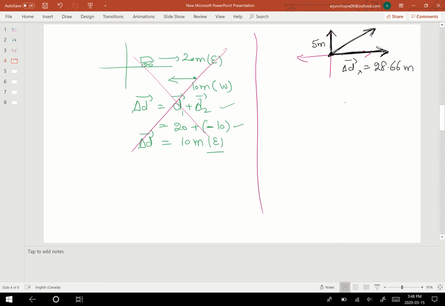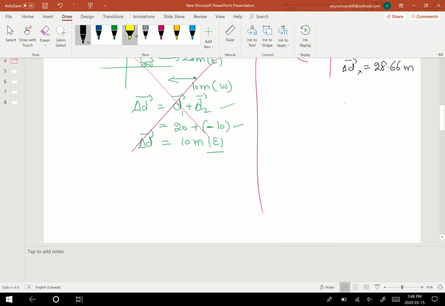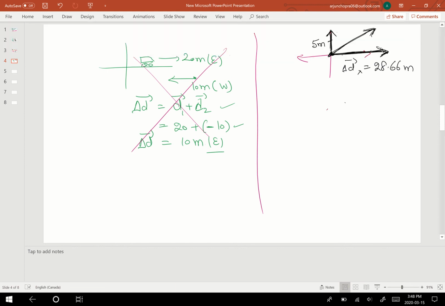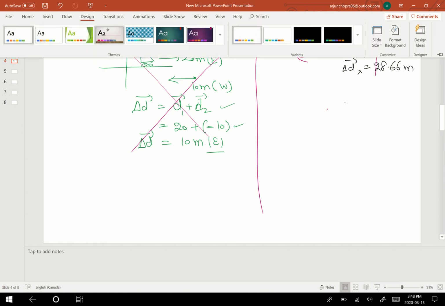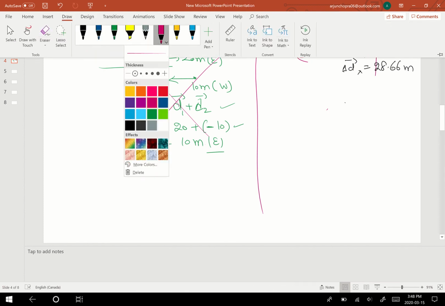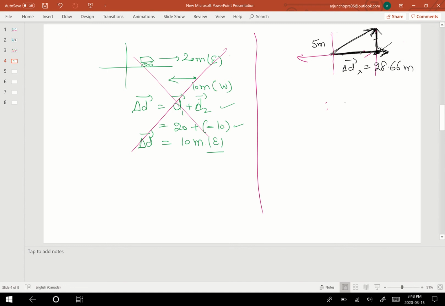What you're going to do is take this 5 meter and move it from here to here. That's how you will do it. I'm going to keep this line here as it is, and then erase this. Now it looks better.